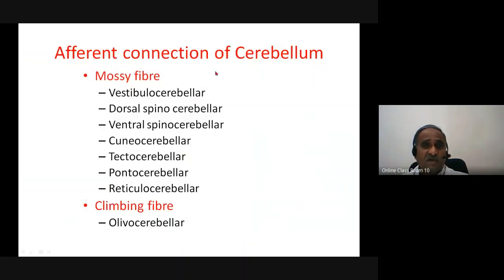Now, I'm just trying to give the afferent connections of the cerebellum. These are mossy fibers, because I was trying to impress upon you the mossy fibers.